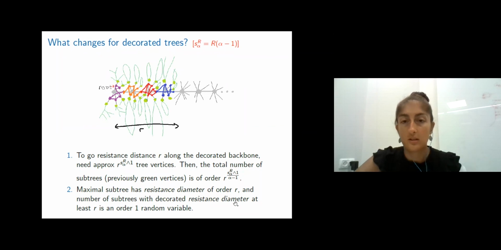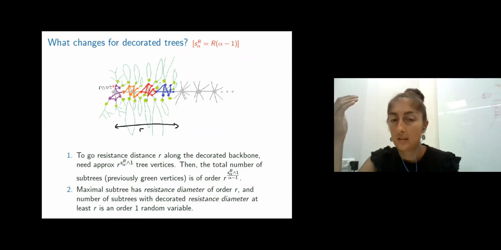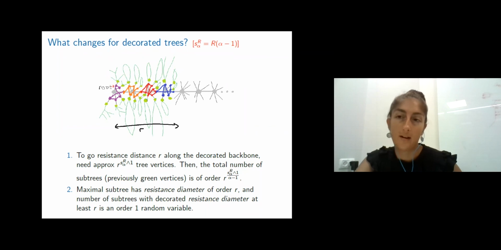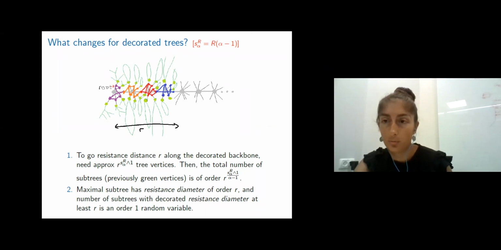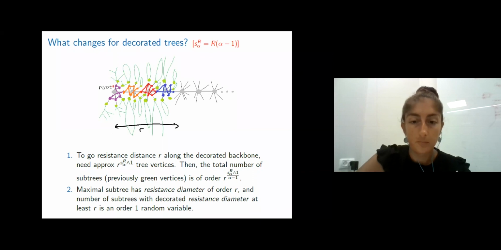So the number of subtrees with a resistance diameter of order r is an order 1 random variable, which again tells us that the number of paths to escape from this ball is order 1, and the resistance to the boundary of a resistance ball of radius r is also r. And so then you can just combine these together.